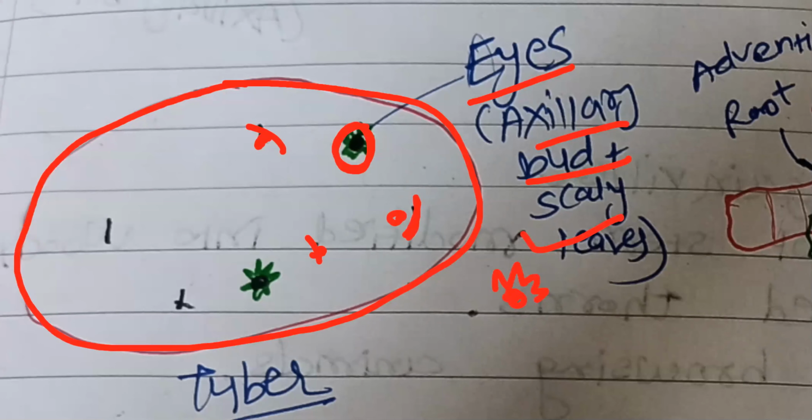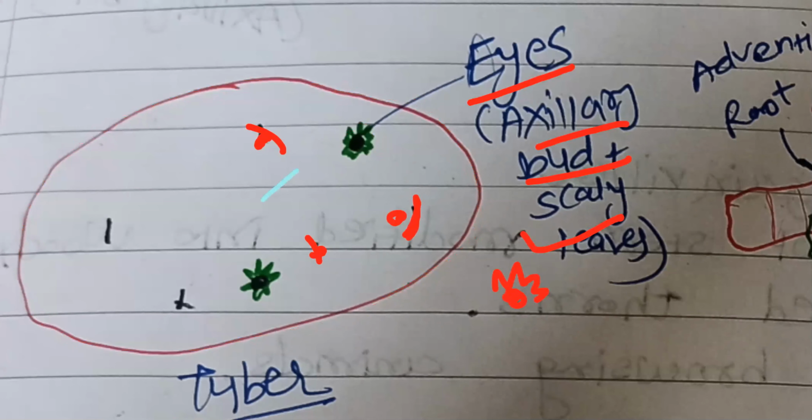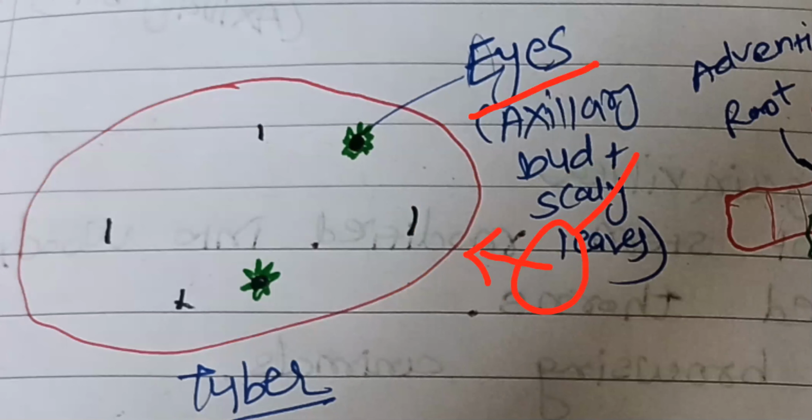Scaly leaves are present with this bud to give protection. So remember, after storing the food, the underground branches of the stem become swollen at the tip, and this we call a tuber. On the tuber, these structures are present, right?